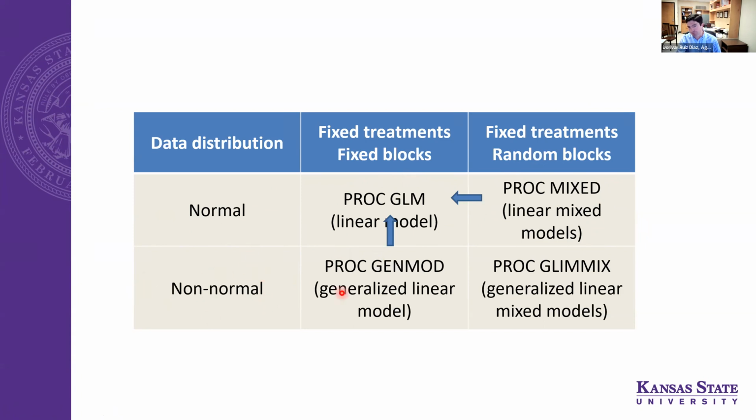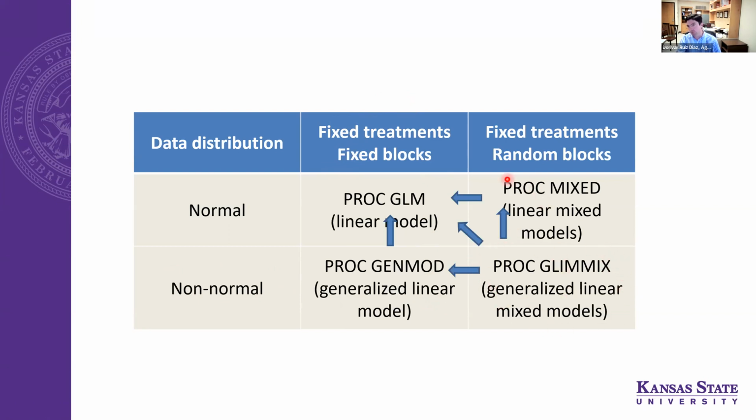If we're getting to non-normal, I haven't used PROC GENMOD very much, but it basically allows us to fit non-normally distributed data. But again, it has to be all fixed. We are not able to include random factors here. And then PROC GLIMMIX, which is the one that I typically use by default.